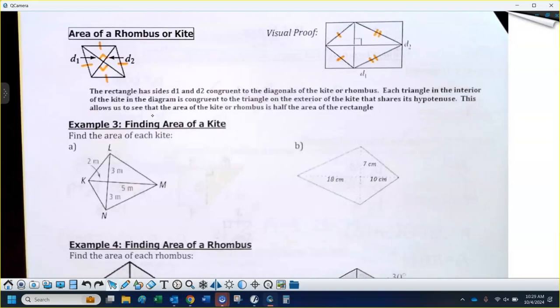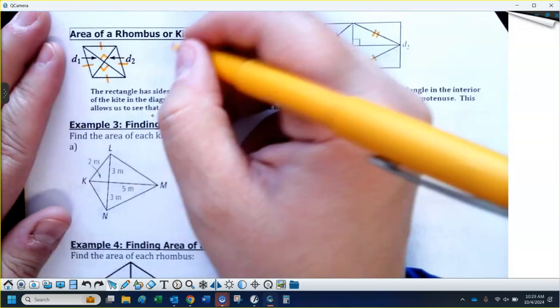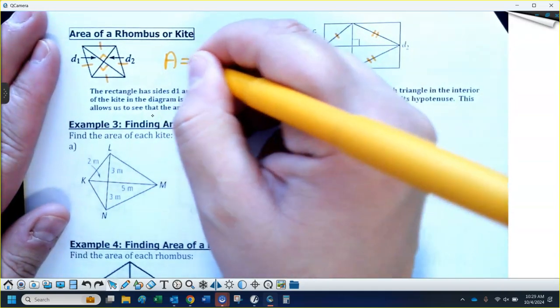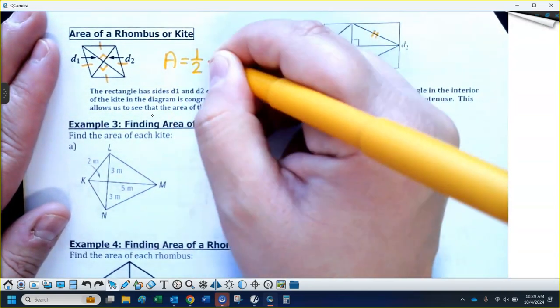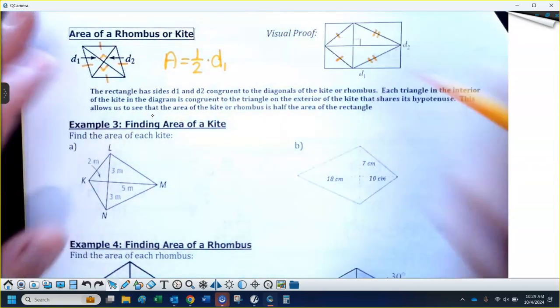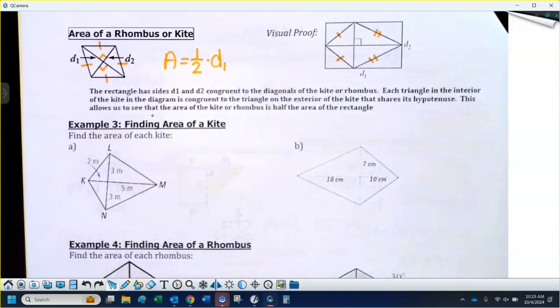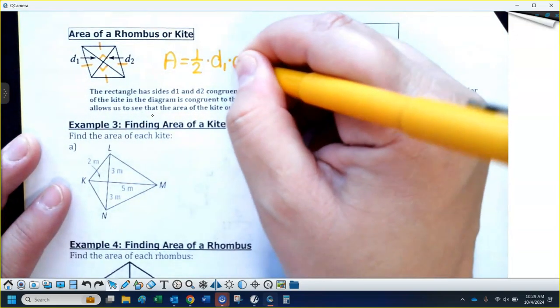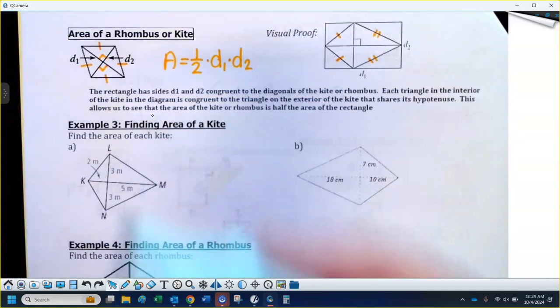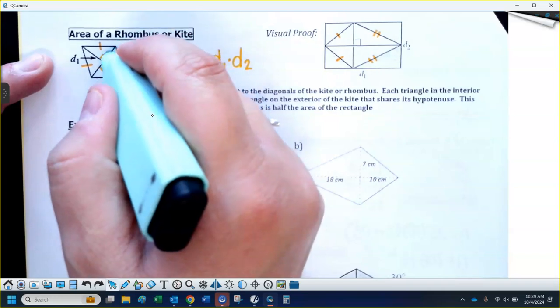Okay, now, the formula for this, and I'll explain it with the kite in a second, is 1/2, and what you do there is you multiply the diagonals together. They use the letter D to represent the diagonal, so you take diagonal 1 times diagonal 2.